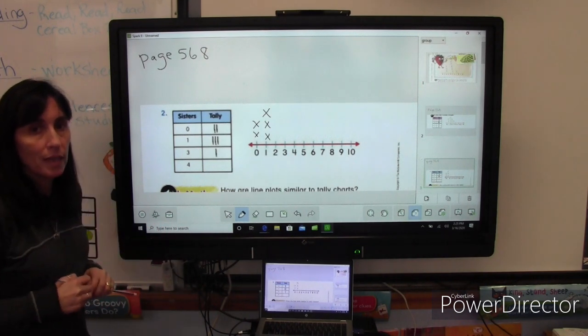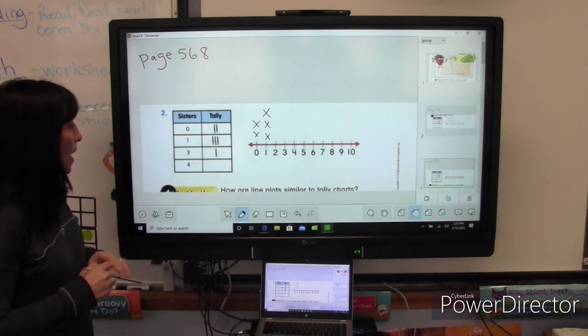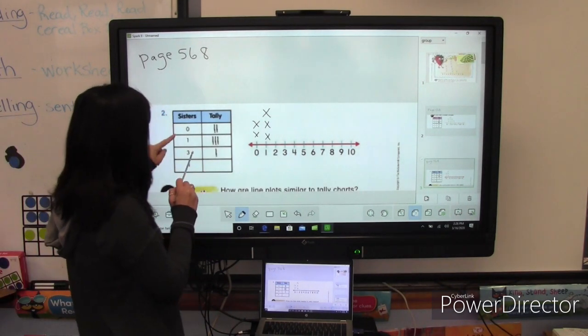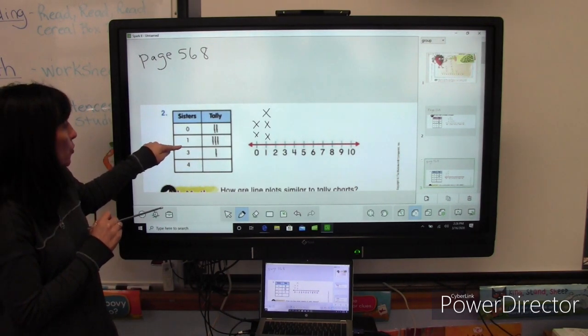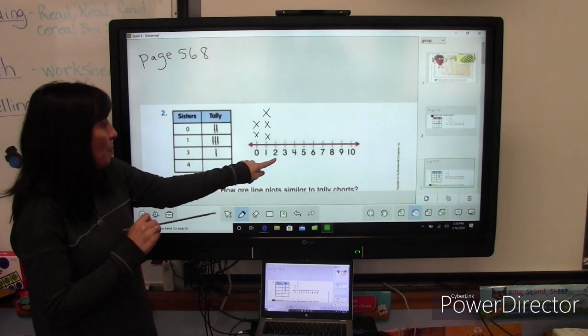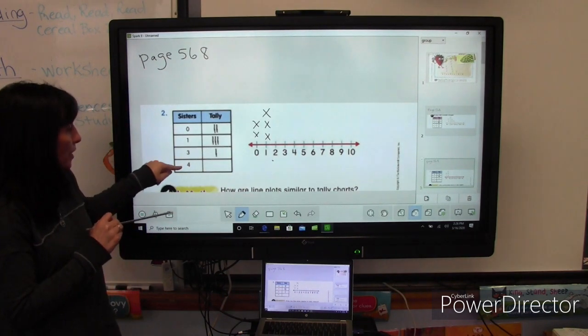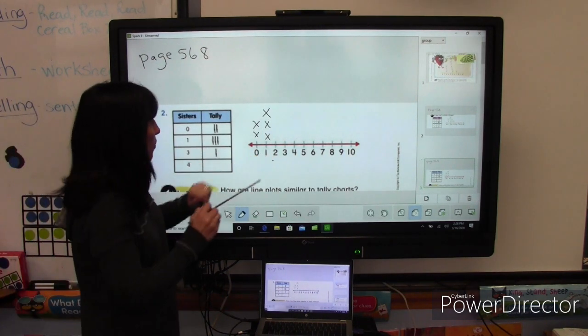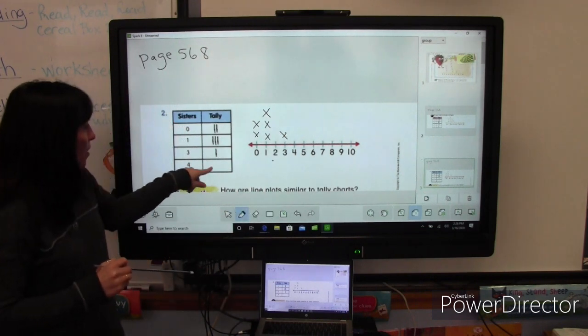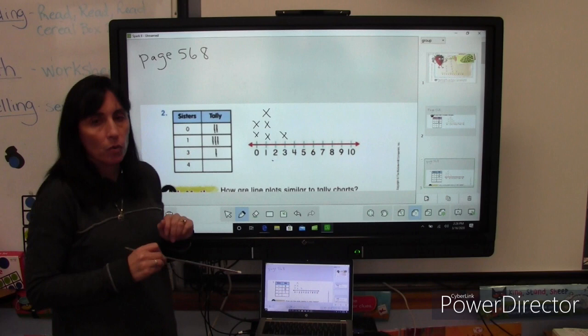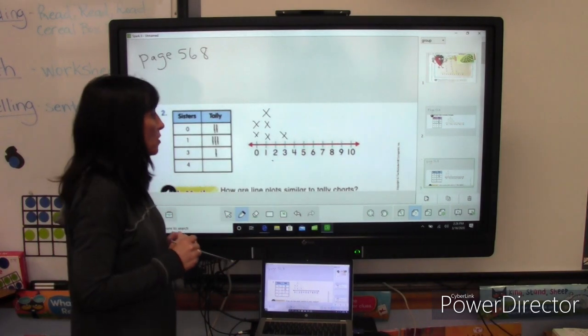So make sure when you make the X's in your book that you line them up. I notice on my chart there is not a choice for 2 sisters. So I'm skipping that number because it's not in our tally chart. I'm going to go to number 3, and we have one person that has 3 sisters. And for number 4, there are no votes there, so nobody had 4 sisters.